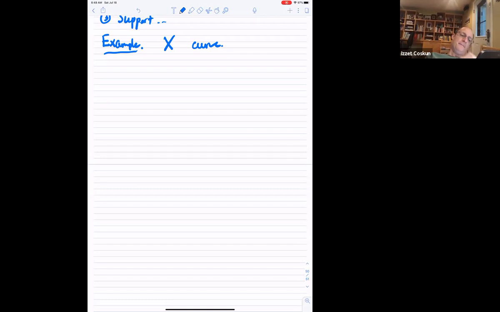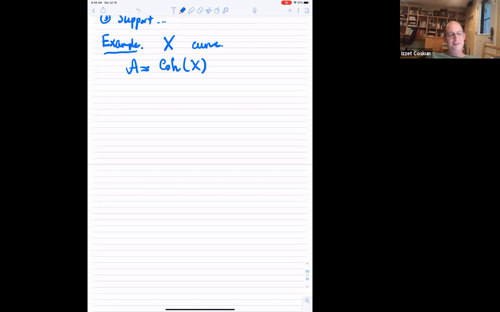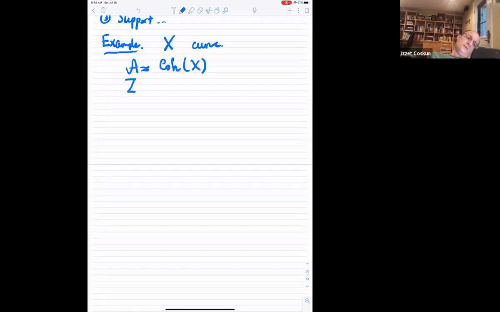Then you can take your A to be the category of coherent sheaves on X. That's a perfectly nice abelian subcategory of the derived category of coherent sheaves on X. And then you take your Z to be minus the degree plus i times the rank.